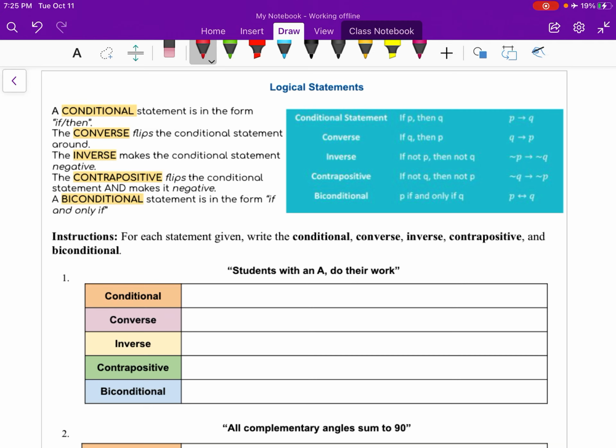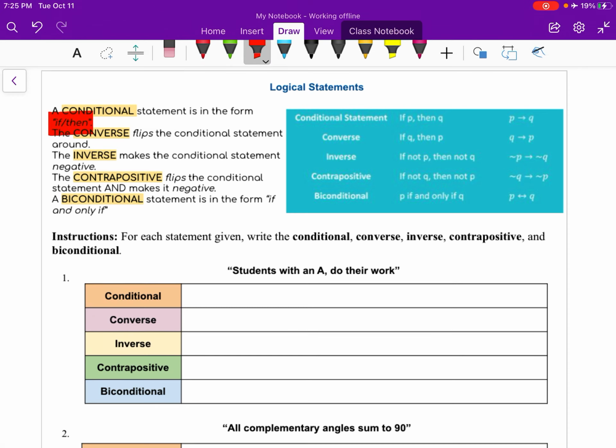Each of these would take a statement and either add a few words, negate it, or something of that nature. So let's talk about each different type. A conditional statement would take a sentence and add the words if and then.